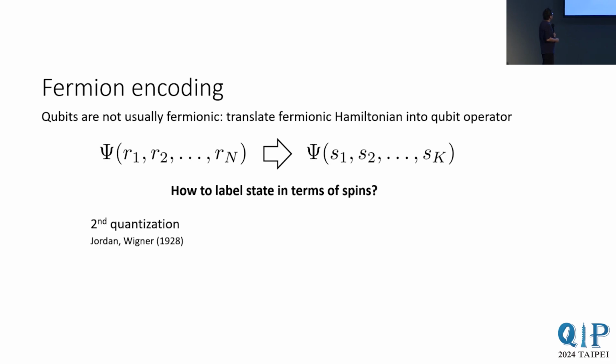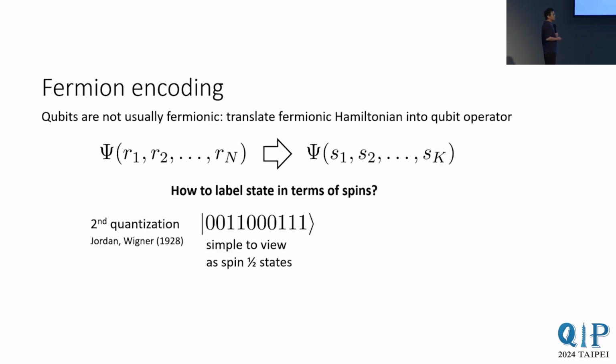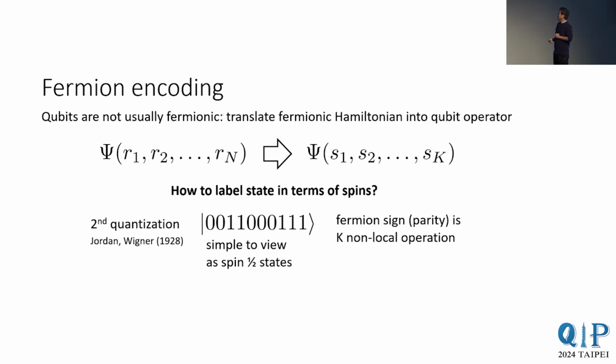The oldest way is to just use the computational basis representation associated with second quantization, where you think about occupying or not occupying certain orbitals. And we can think of 0 and 1 as qubit labels. And then to encode the fermionic nature, you can introduce the Jordan-Wigner transformation, which converts the fermionic operators into spin operators with long strings, Jordan-Wigner strings.